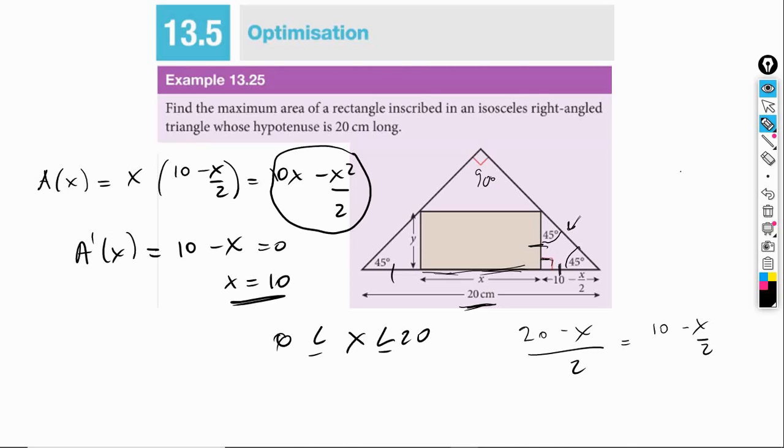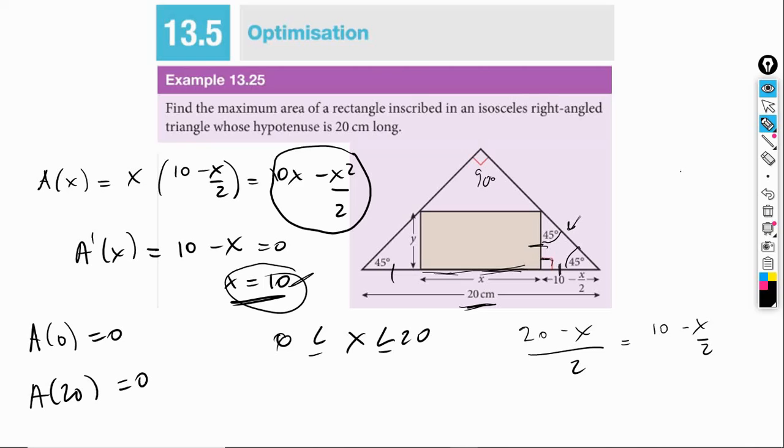You would say that's not logical, but get used to plugging those extreme values into the function to verify that this is actually a maximum. It's easy to see that it is, because if you plug 0 into the area function, A of 0 gives you 0, and A of 20 will also give you 0. Therefore, this is definitely a maximum.